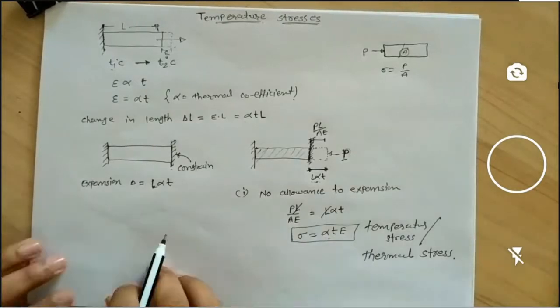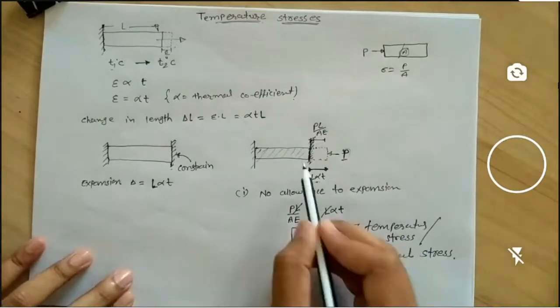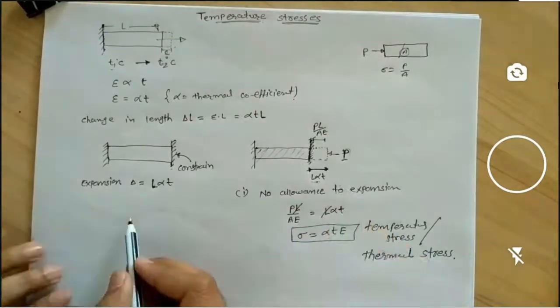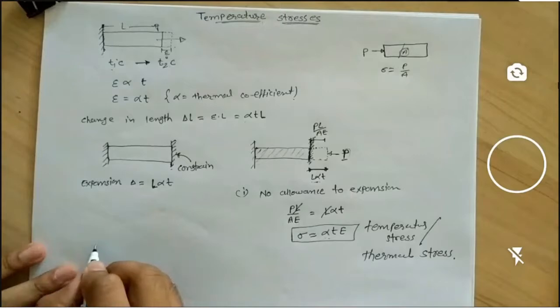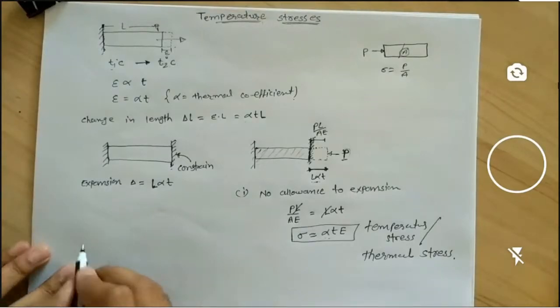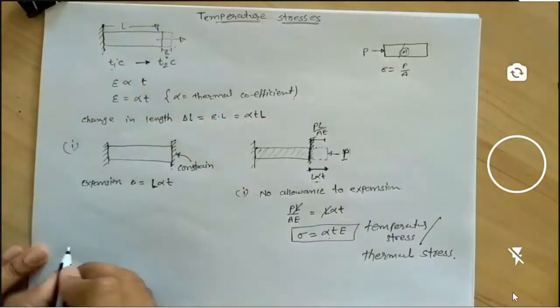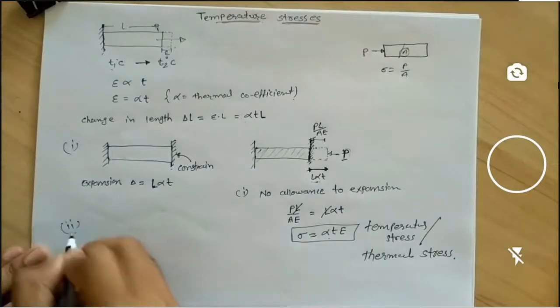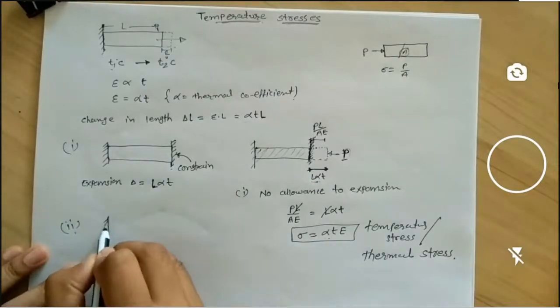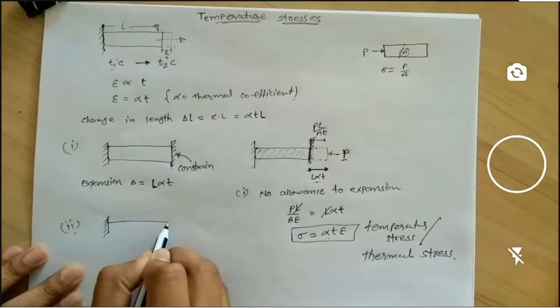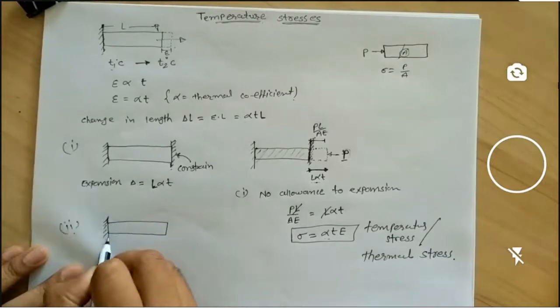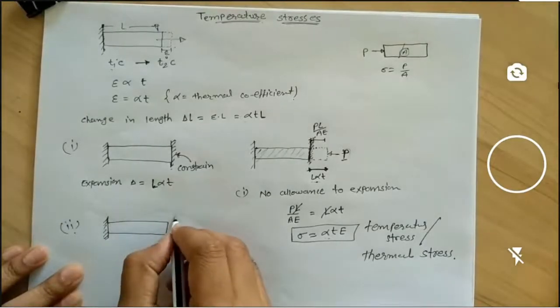Okay. Now here there is no allowance, but instead of this condition, if you allow a delta amount, then in the second case, we consider the same element, fixed like this. Okay, and another support is somewhere here.